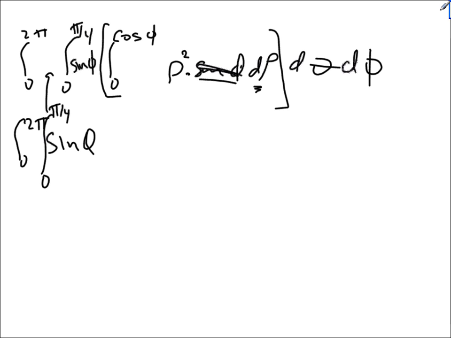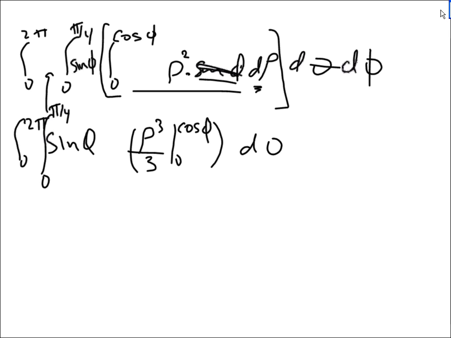Now, the integral of rho squared d rho is rho cubed over 3 from 0 to cosine phi, d theta d phi.